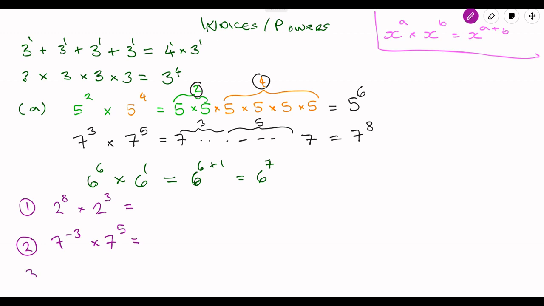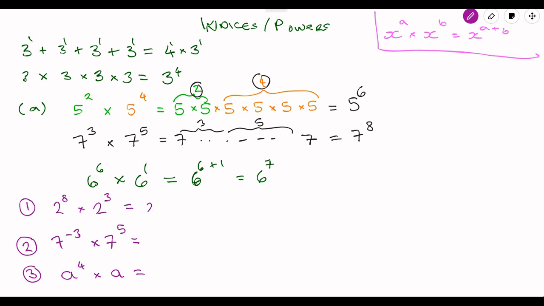And finally, a to the power of 4 by a. Okay, so pause the video now, have a go at them, and then press play when you're ready to see the solutions.